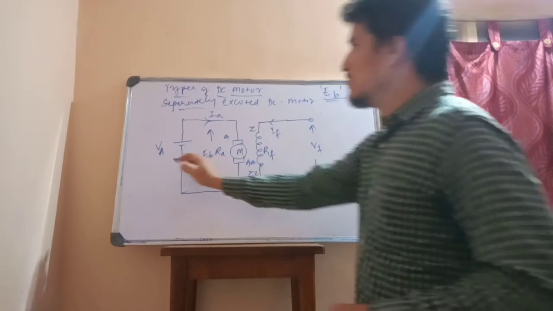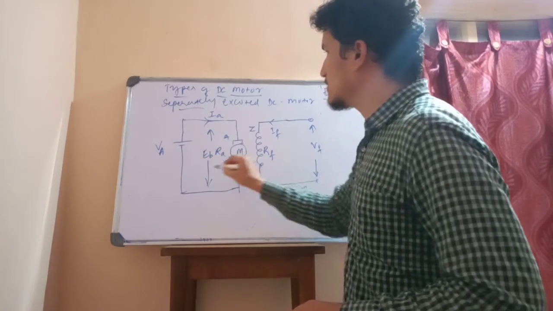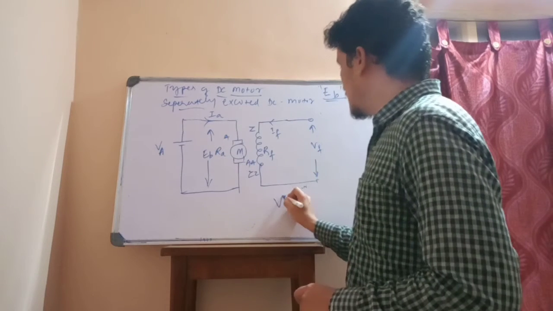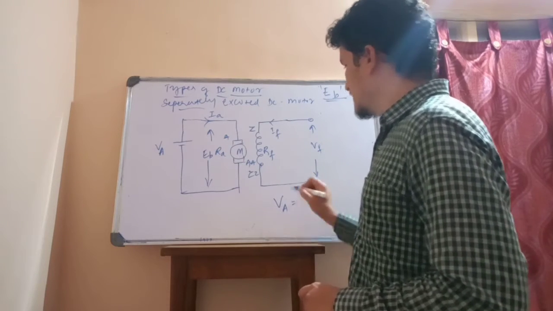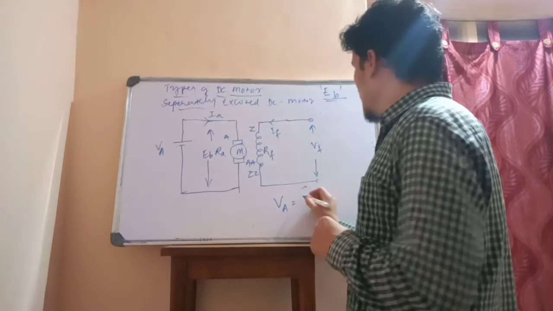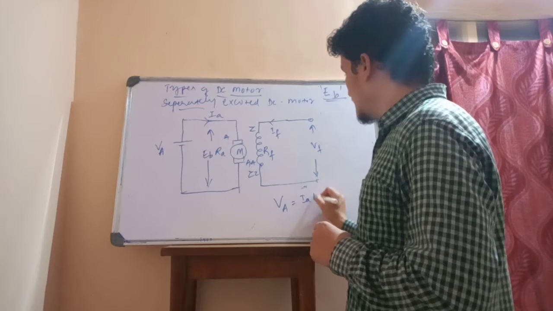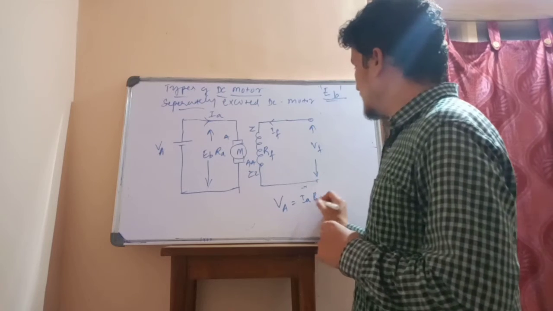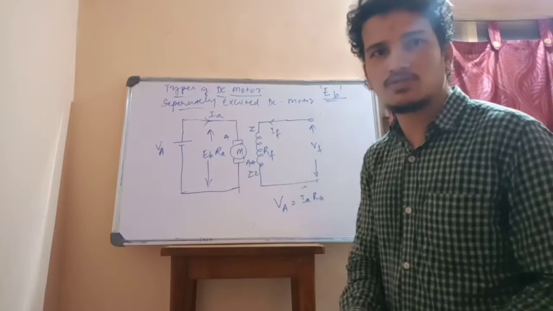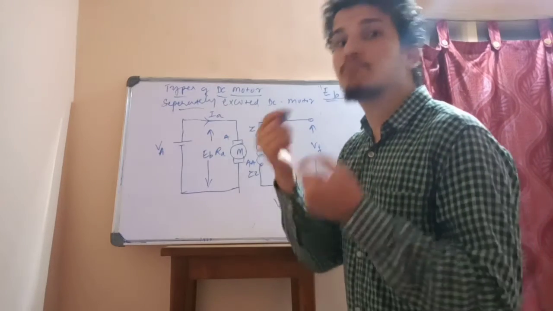So now if you apply Kirchhoff's voltage law to this loop, VA must be equal to what? VA must be equal to IA into RA, right? This is called armature resistance drop. Drop means voltage drop. Loss means power loss.